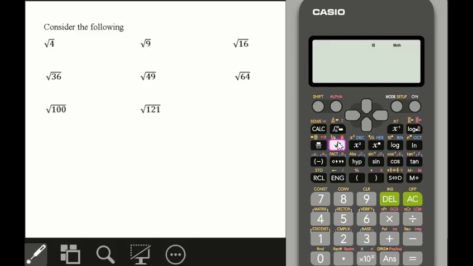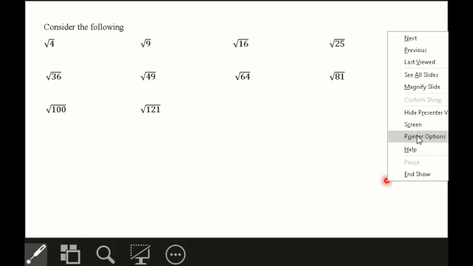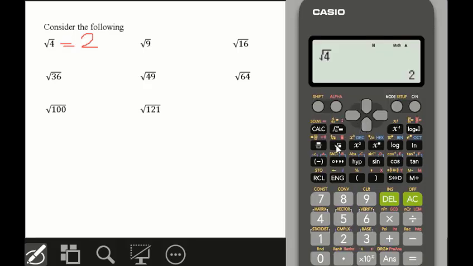So we are going to punch the root of 4, and that is giving us 2, right? Good. So let me pick my pen from my screen. The root of 4 gave us 2. Now let's pick our calculator back again and find the root of 9, giving us 3, right?